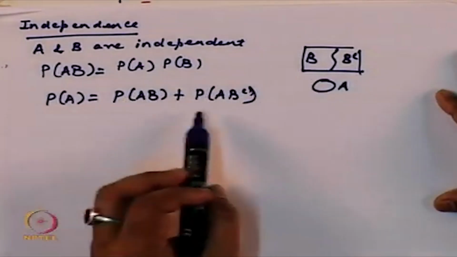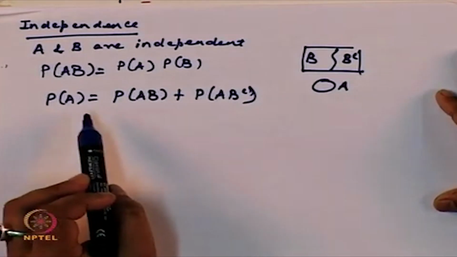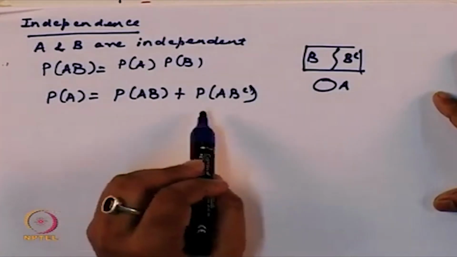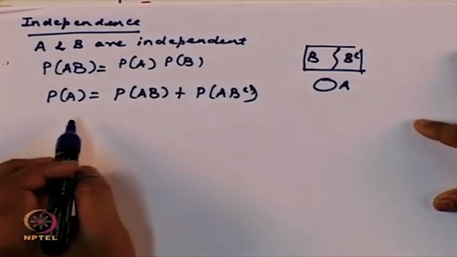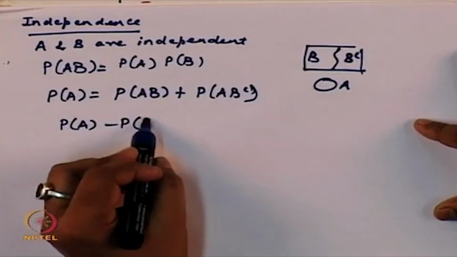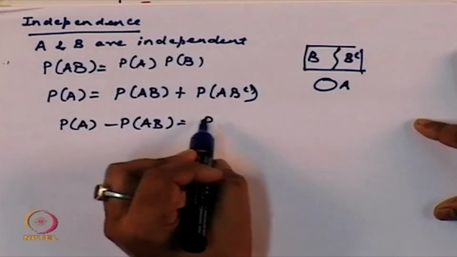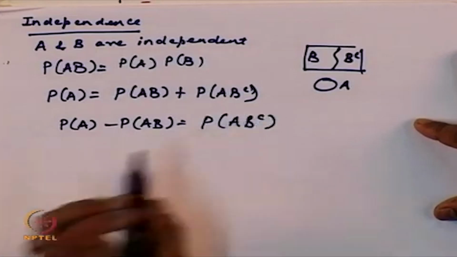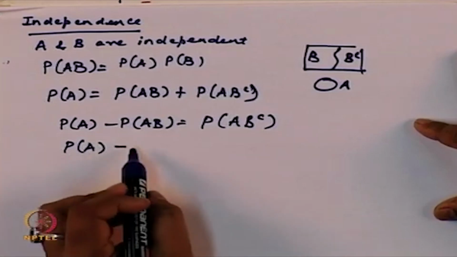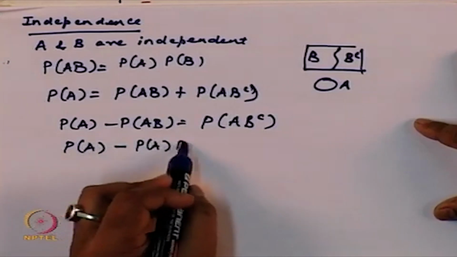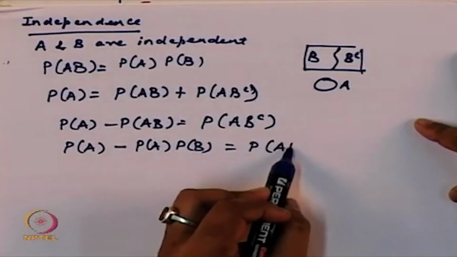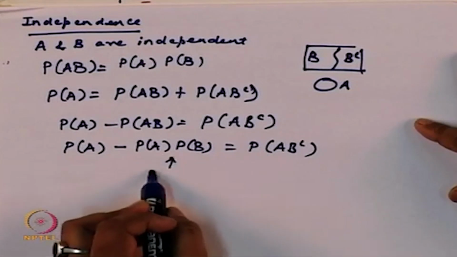Clearly P of A is P of AB plus P of A B complement. Now I can take it to the other side: P of A minus P of AB equals the probability of A B complement. This I can simplify, as I have invoked independence here.